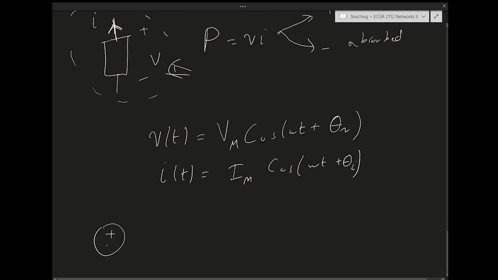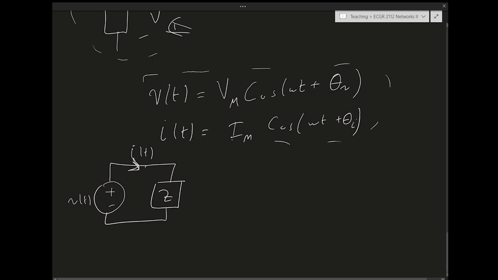We have this simplified circuit. We have some voltage source, we have some current, and this is going into an impedance. It doesn't have to be this. It's just a simplified circuit to represent this. And the impedance will determine the angle between the voltage and the current.